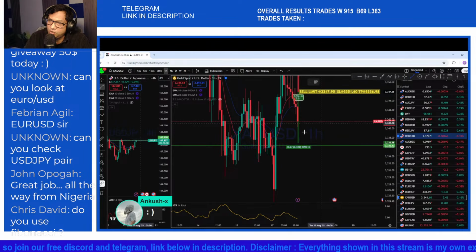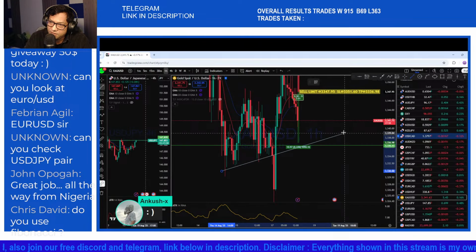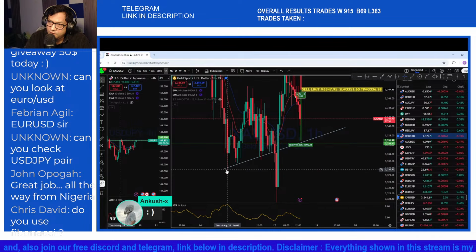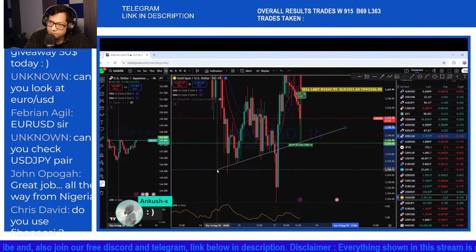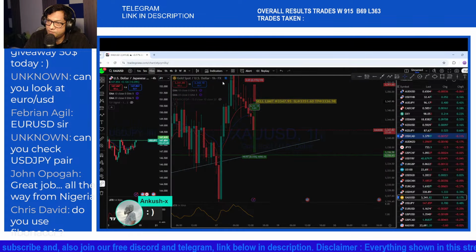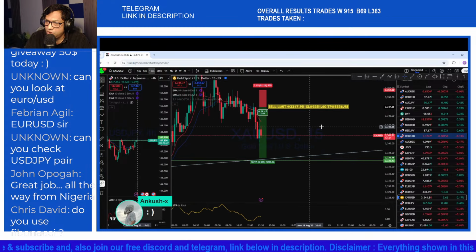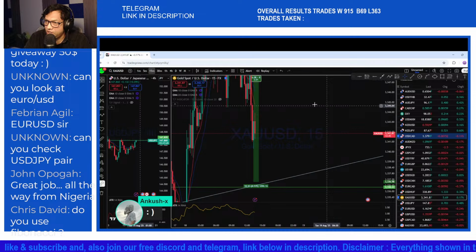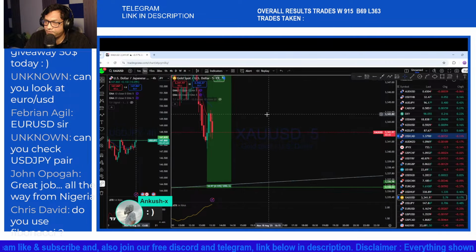There's a trend line that the price might come to retest, and the trend line could be an important level where the price may come back to retest and create a new lower low in this market.